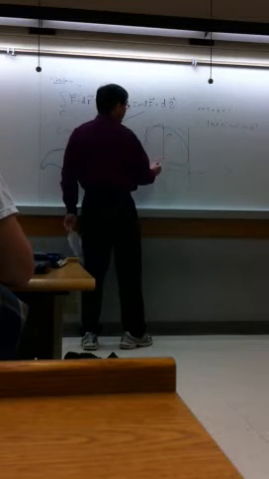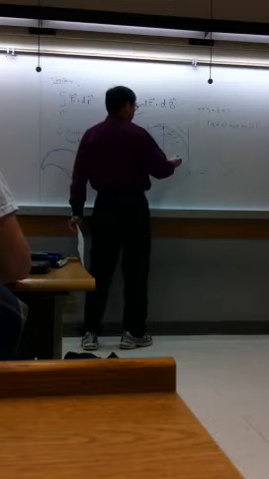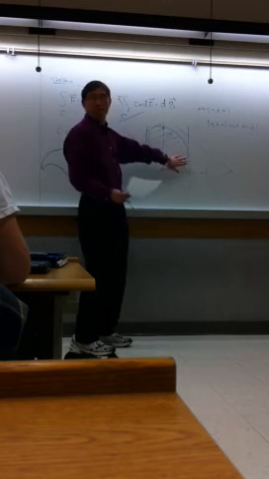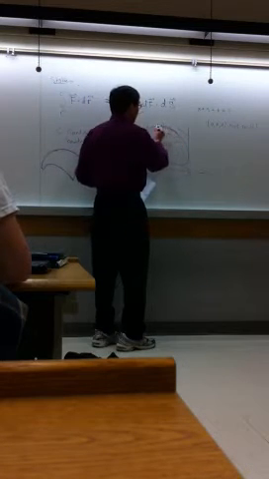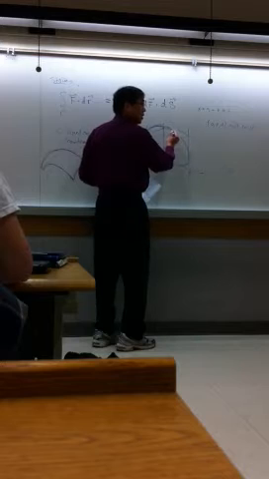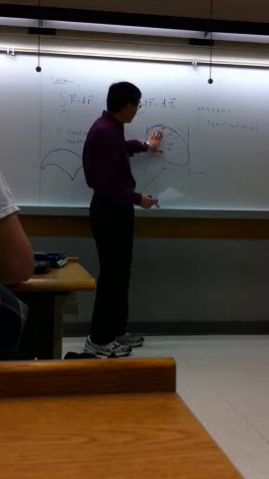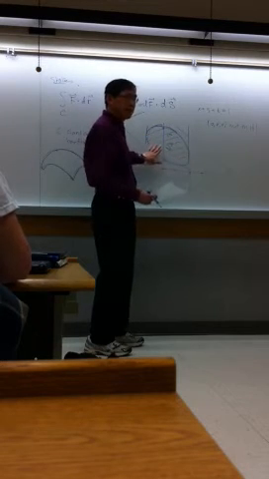This is the C. So the surface is right here. It's a flat ellipse tilted at an angle in the plane, right? So the S is right here. The C is right here.